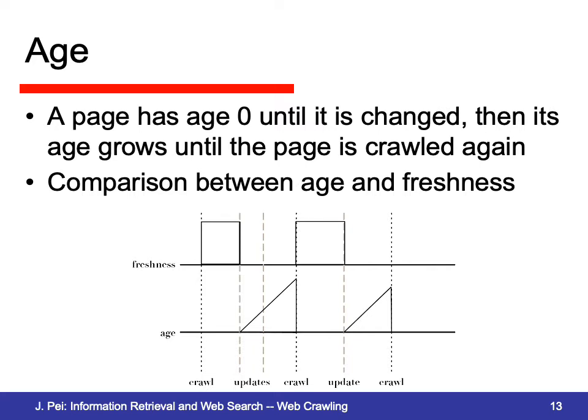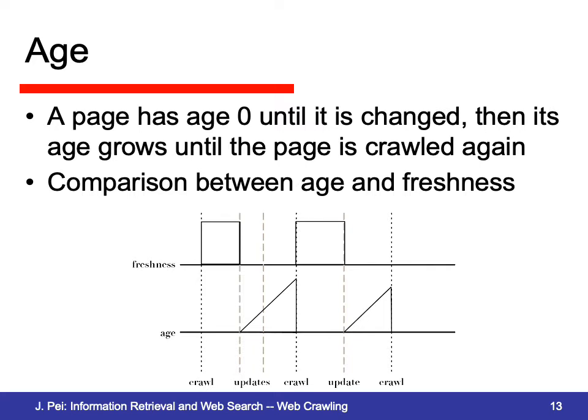Let's compare. For freshness, it is a binary variable. It is 0 until it is changed, and then it becomes 1, no matter how long the page is not crawled. It is always 1. And then when it is crawled again, the freshness is brought back to 0.